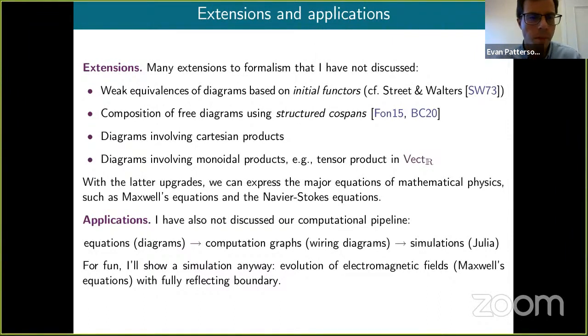There's a lot more to discuss along the lines of this formalism. We can look at what kind of morphisms of diagrams actually give you equivalent diagrams, in the sense that they have the same lifts or the same solutions, and that leads to looking at something called initial functors.